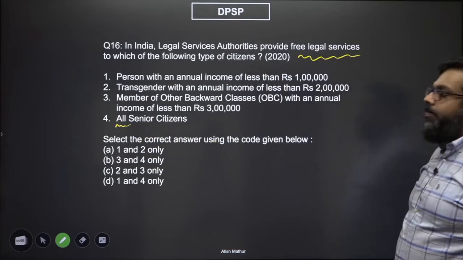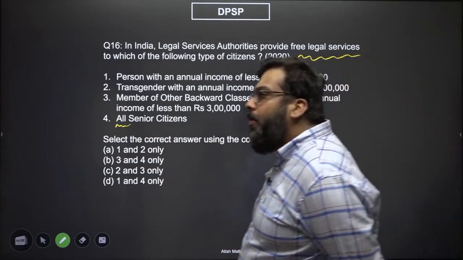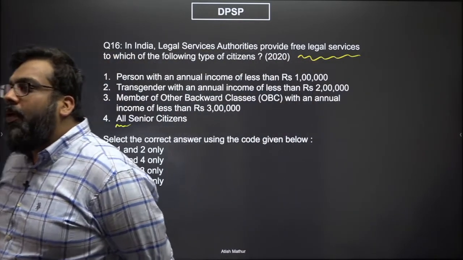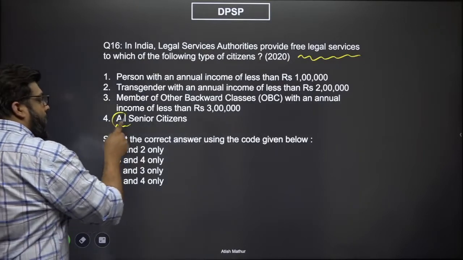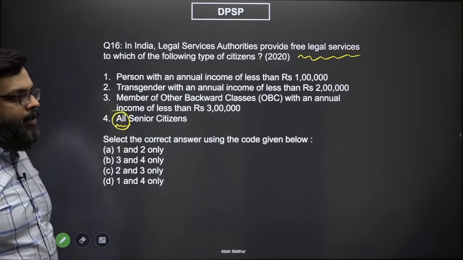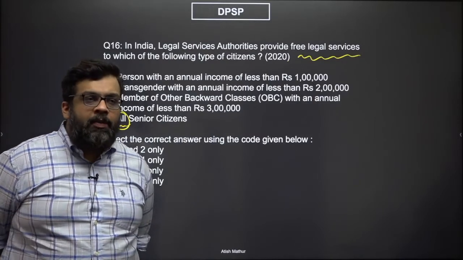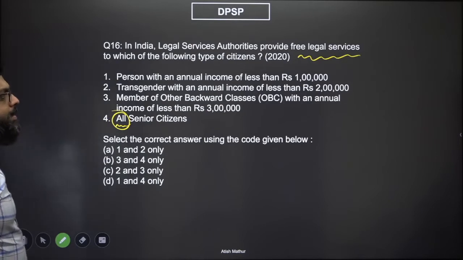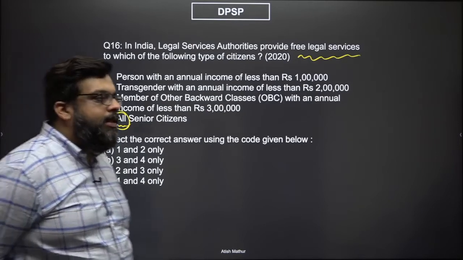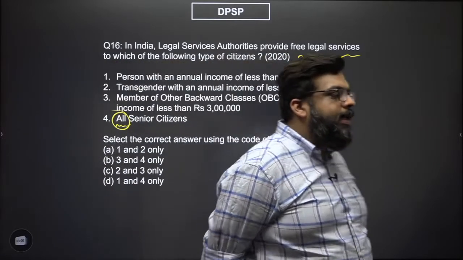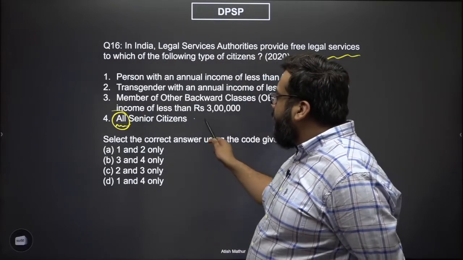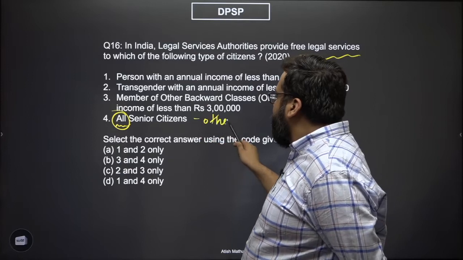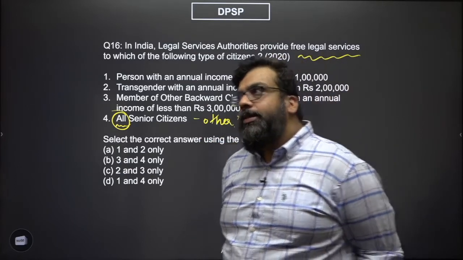Now, out of all of this, we try to think what principle, what logic, what trick could apply. Seems like all here is too much of an extreme, because if I argue the counter to it, that even extremely rich senior citizens should be guaranteed free legal services. Now think about what are the other benefits that super senior citizens get.